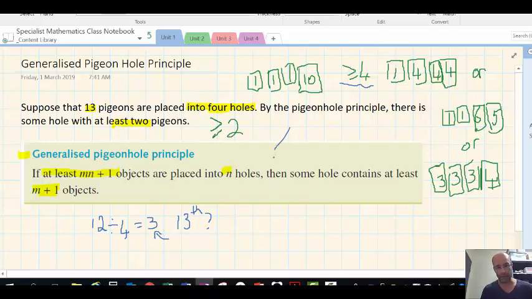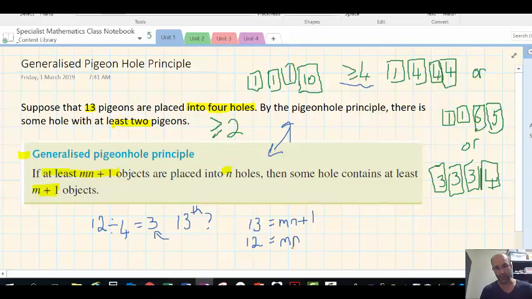So let's look at the numbers that we used in the example up there in terms of the theorem. We've got something times something plus 1, so 13 equals mn plus 1, so 12 is mn.